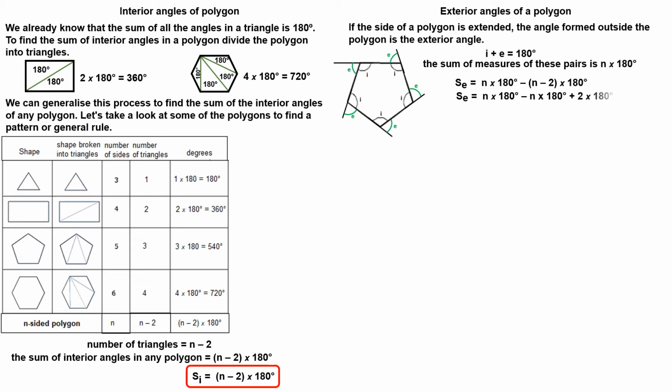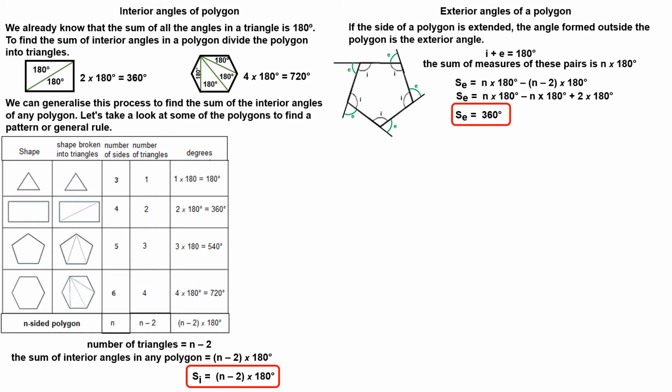Expand the brackets and collect like terms. The sum of exterior angles of any polygon is 360 degrees.